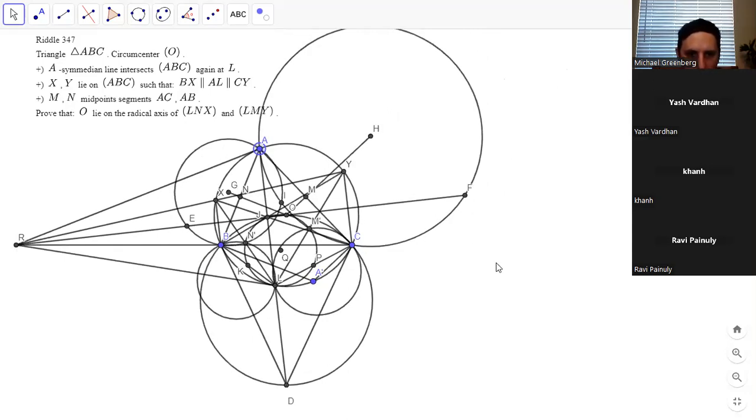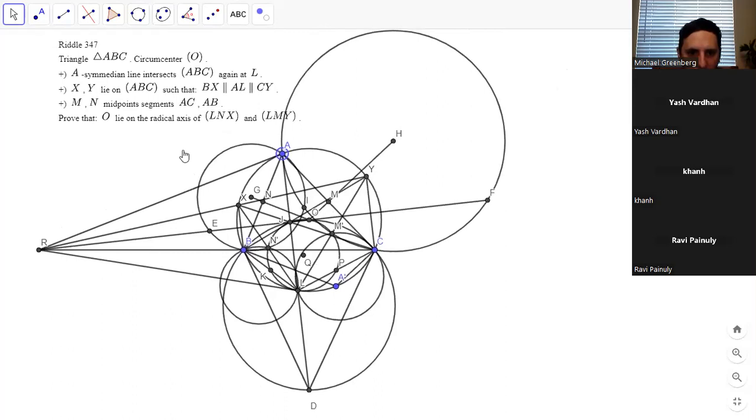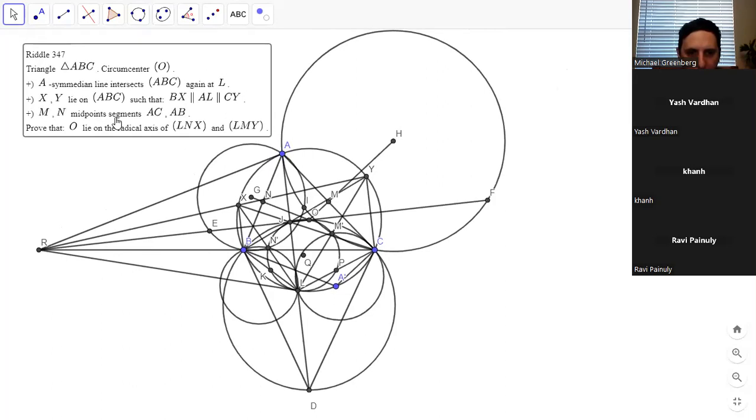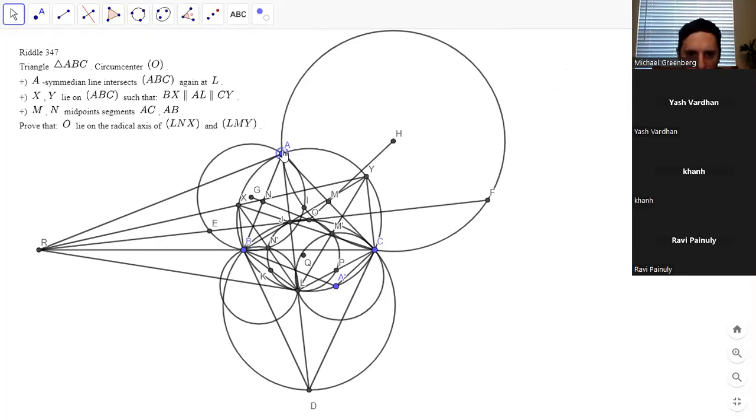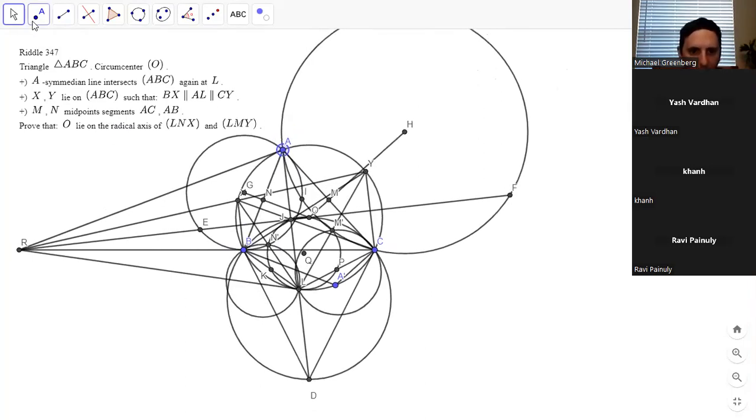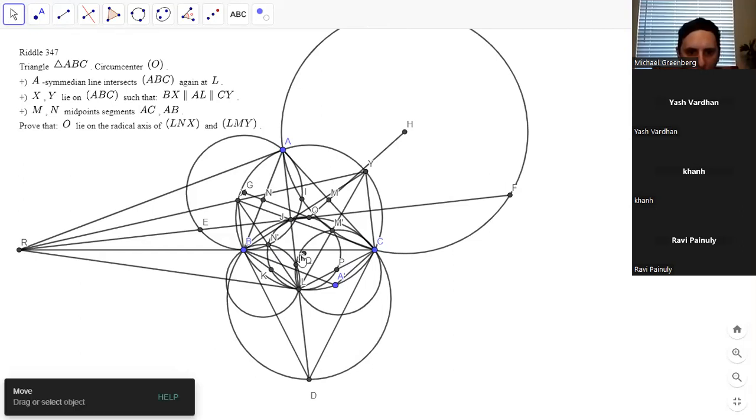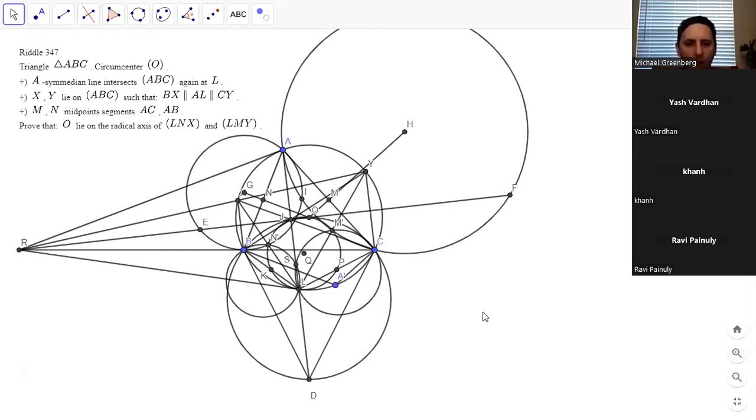Let me draw it like that. Okay, so let's say we knew that A lies on the radical axis of these two.